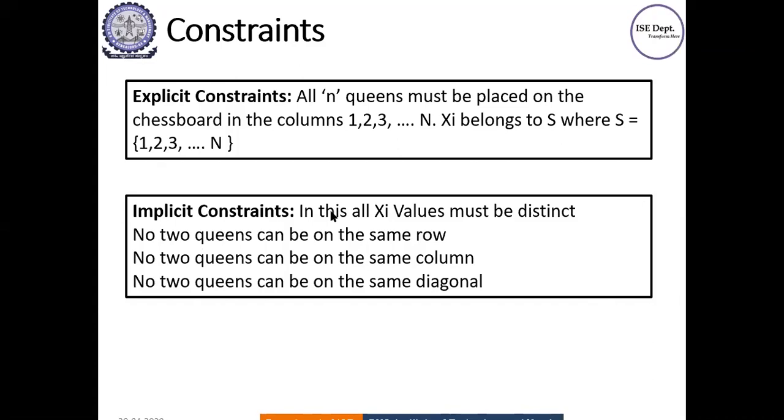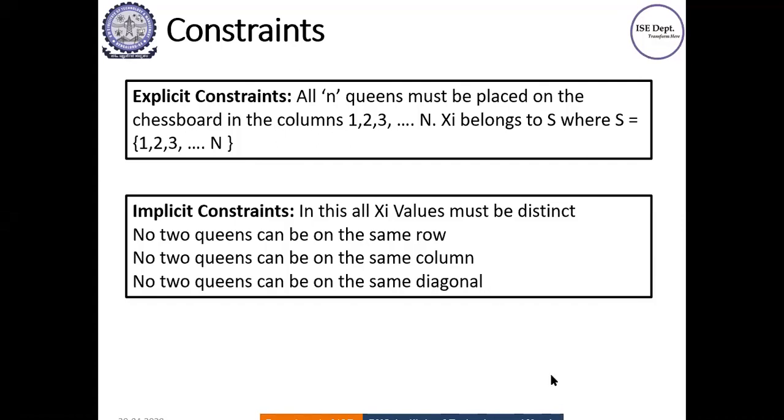Now we'll see what the explicit constraint and implicit constraint are for the n-queen problem. Explicit constraint is nothing but that for any xi, we need to get the value only from a set. It says all n queens must be placed on a chessboard in the columns 1 to n.